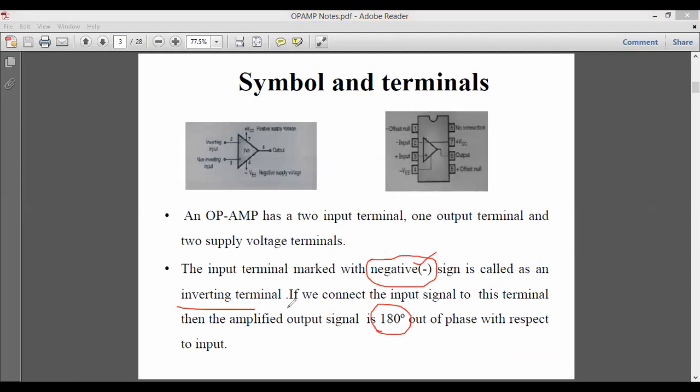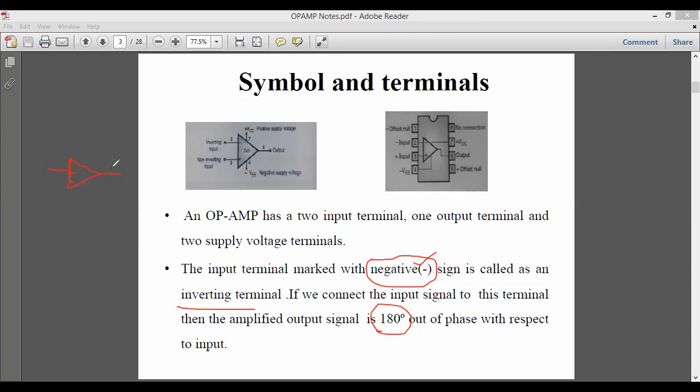What do you mean by 180 degree out of phase? For example, if I have an op amp over here like this, let me say that minus is given here and plus is given here, right?